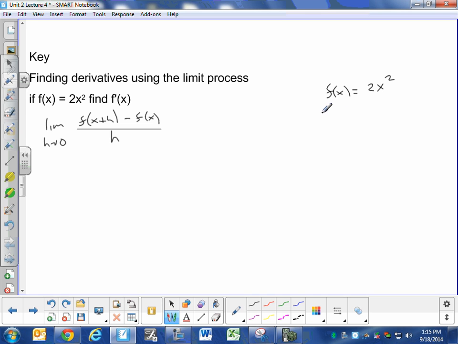Well, let's think about what f of x plus h is. It's just wherever x is, instead, you place x plus h in parentheses. So what was x becomes x plus h.